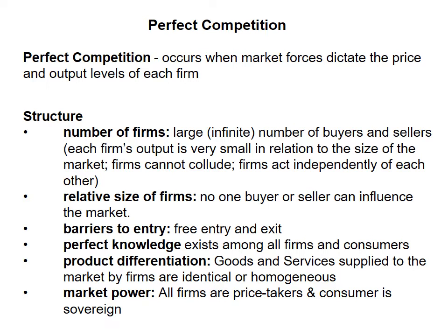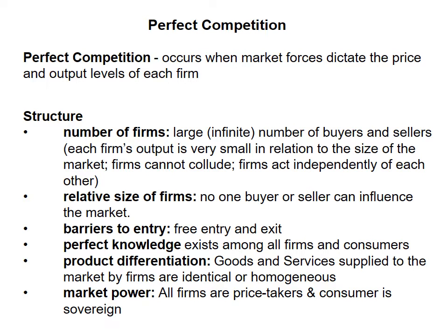So the structure: the number of firms is large, or even an infinite number of buyers and sellers. Each firm's output is very small in relation to other firms, and firms cannot collude because there are so many of them, and the firms act independently of each other.